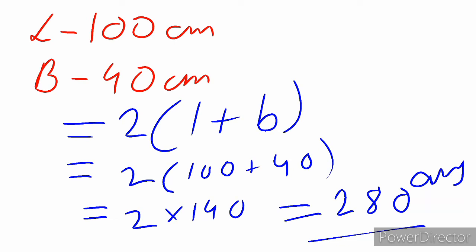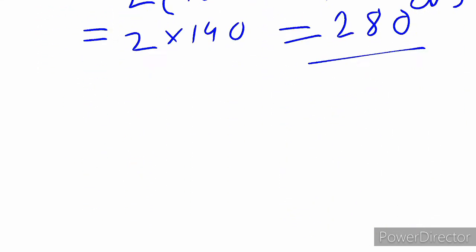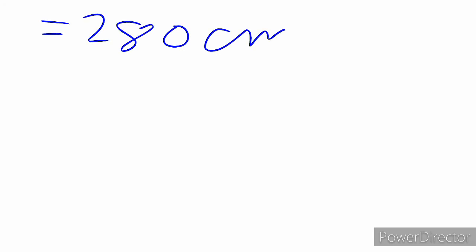But if we see the question properly, at last we have to find the amount of fencing required in meters. Our answer came 280, right? 280 centimeters it has come, not meters. So what we will do here, we will divide it by 100.